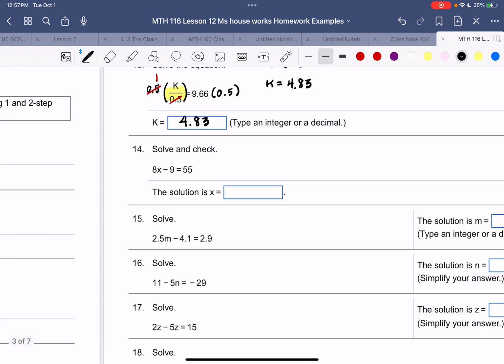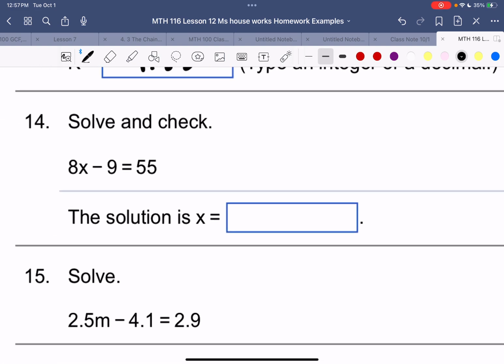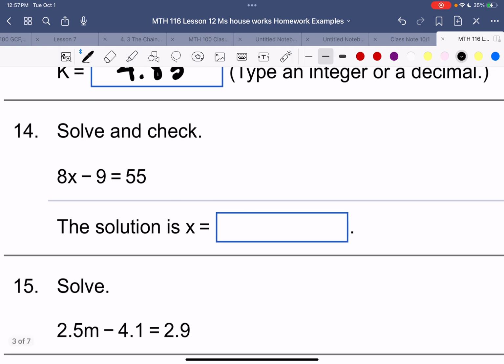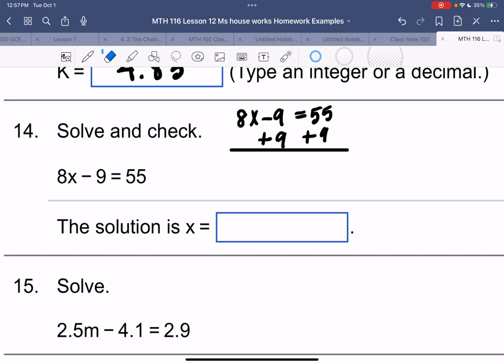So, I have a two-step equation. 8x minus 9 equals 55 for number 14. Well, I'm going to add 9 on both sides because I'm going to undo my subtract first. And remember, I'm focusing on getting this x by itself.